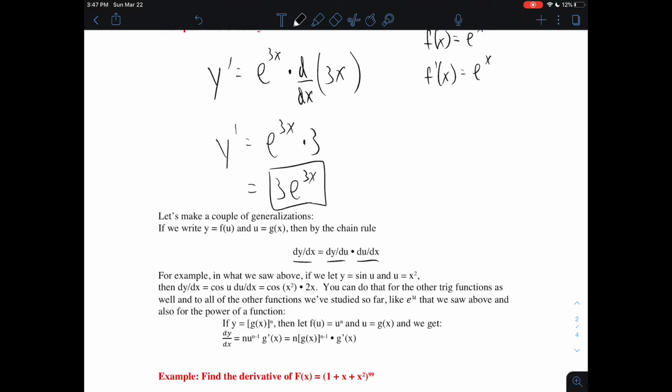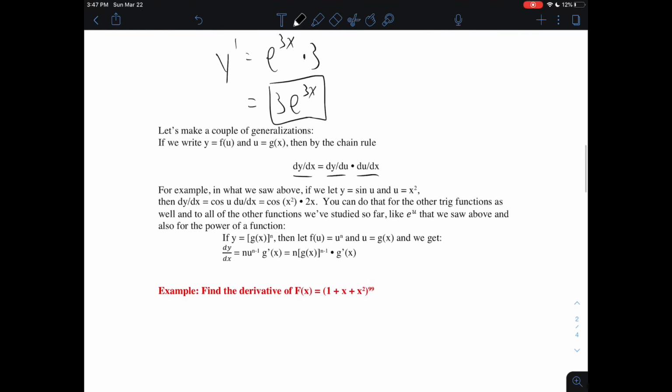And we can do that for the other trig functions that we've had and a lot of the other functions that we've seen so far, like we just saw with the exponential function. e to the u in that case was e to the 3x, and u is equal to 3x. And then we can also do this with a power of a function, like we also saw above. If y is equal to g of x raised to the nth power, then we can say that f of u is equal to just u to the n, and u is equal to g of x.